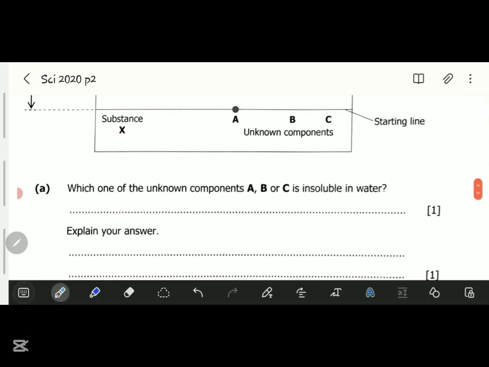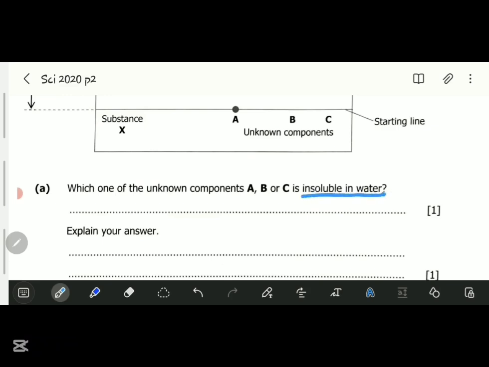The first question is: which one of the unknown components A, B, or C is insoluble in water? So insoluble, what did we say about insoluble?